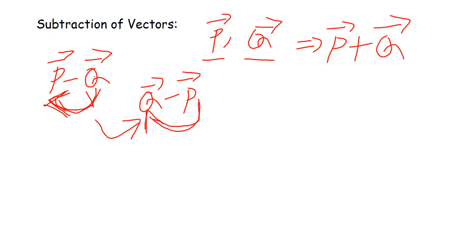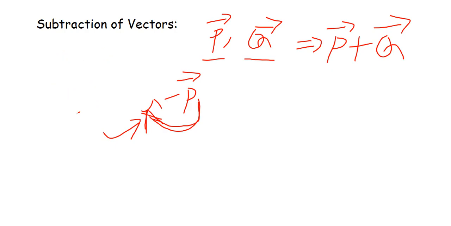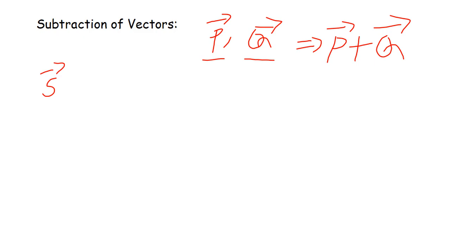So what is the subtraction of vectors? p bar and q bar are two vectors. The subtraction vector S bar is p bar minus q bar.